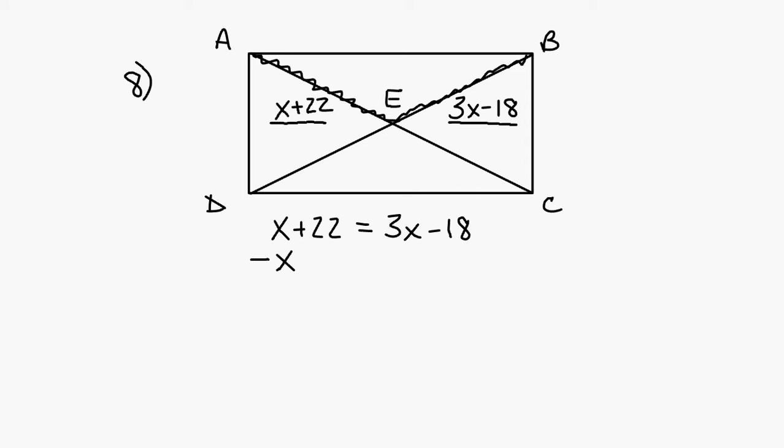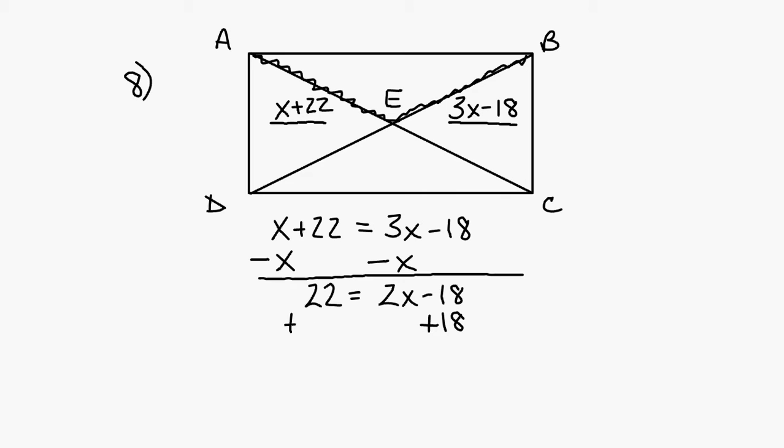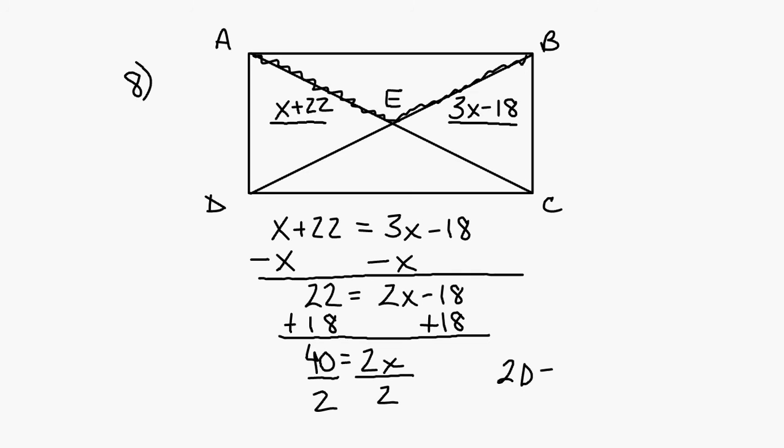So you can subtract x from each side. 22 equals 2x minus 18, and then add 18 to each side. 40 would equal 2x. Divide both sides by 2, and 20 would be equal to x. So when x is equal to 20, this shape would be a rectangle.